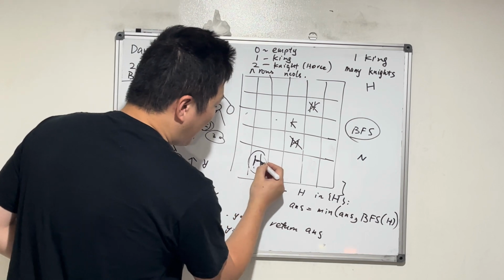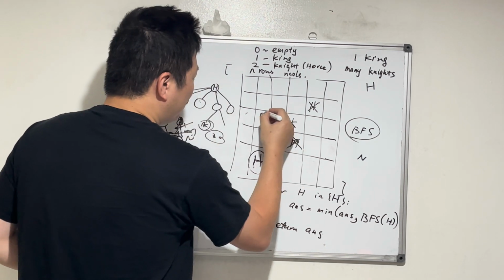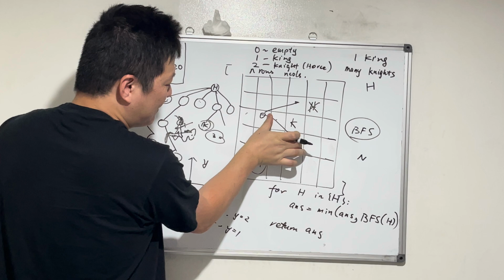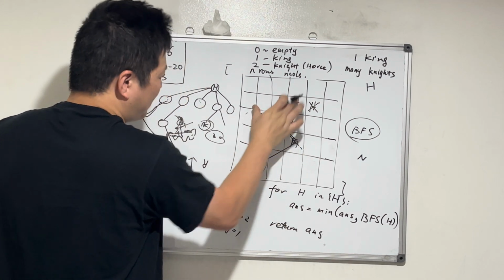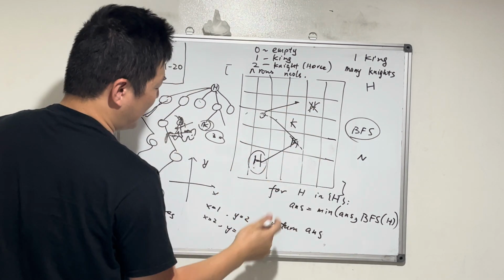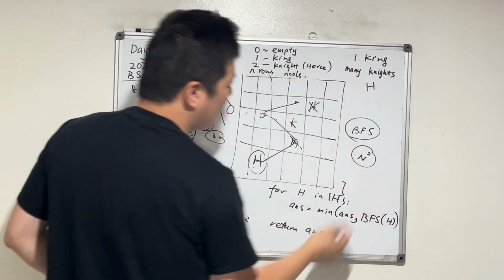So this can point to the vertex. This is the vertex, this is the vertex, and this is an edge between different vertices. There are n times n, n square vertices.